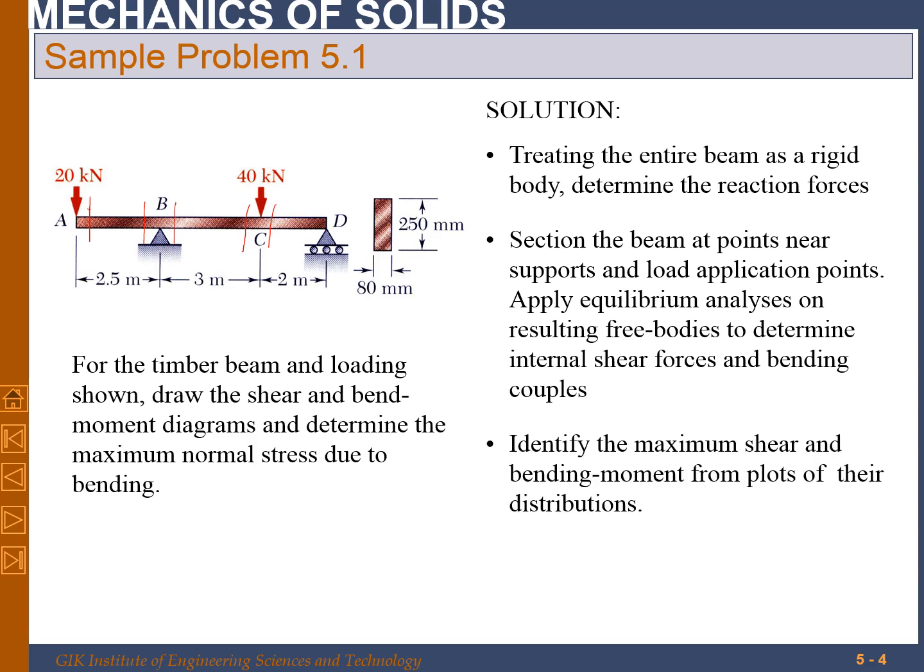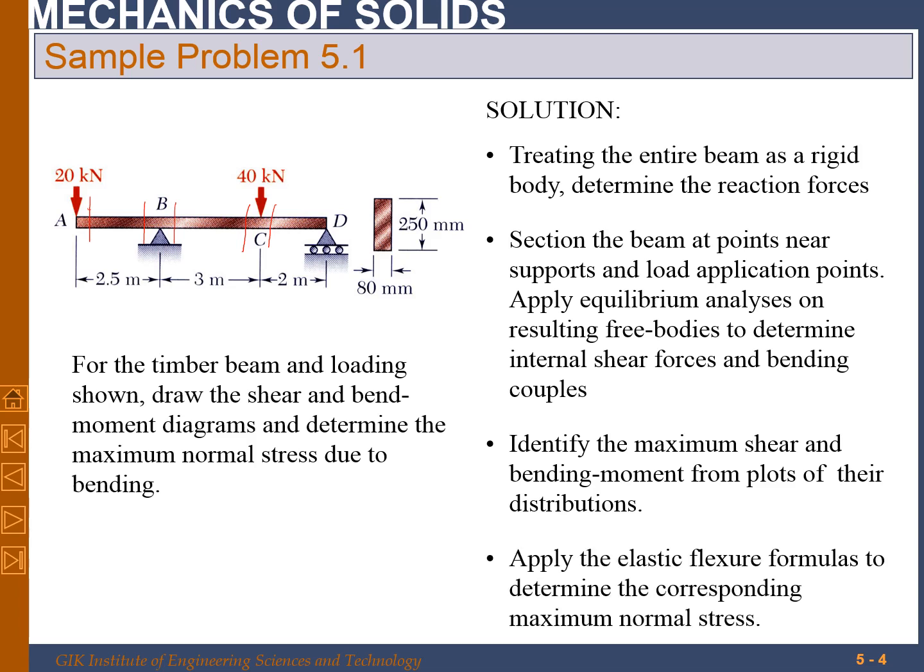Using that, we will draw the shear force and bending moment diagrams, and then apply the elastic flexure formula, sigma is equal to Mc over I, to find the maximum normal stress.